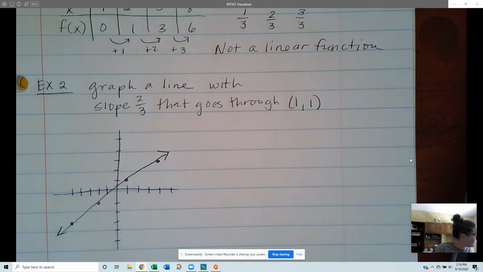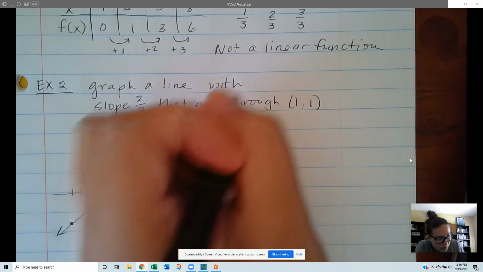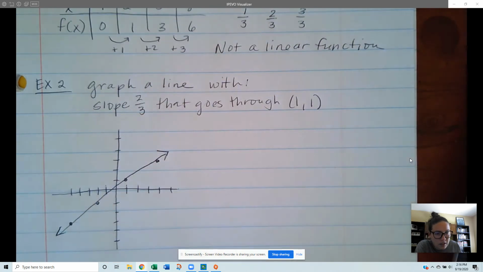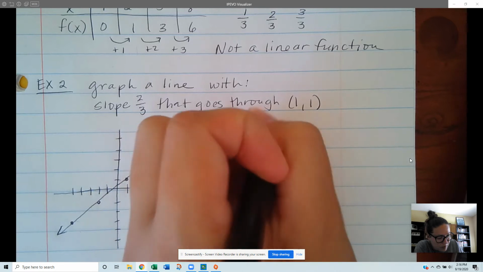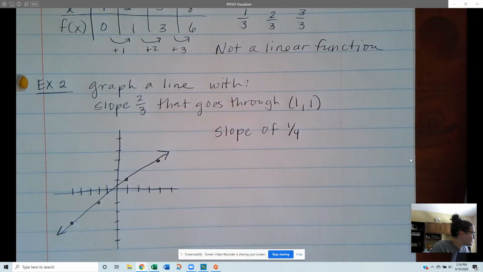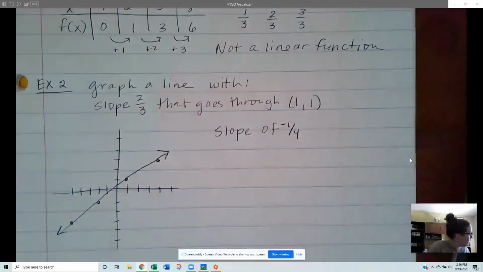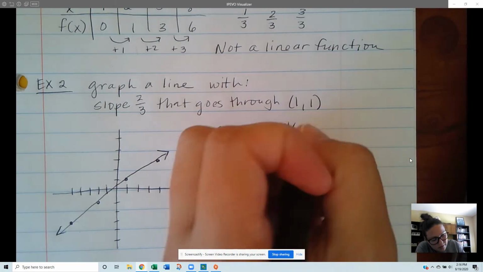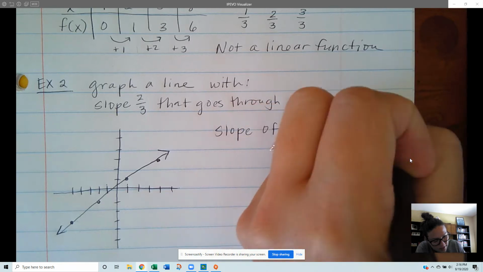All right, let's say we have a line. So graph a line with a slope of negative 1/4 that goes through the point -2, 3.